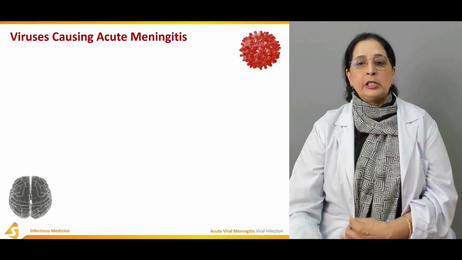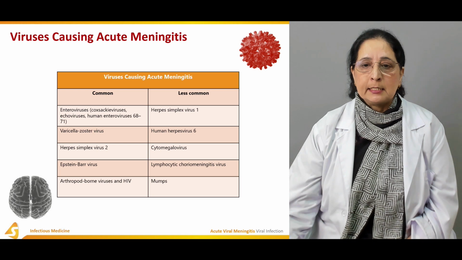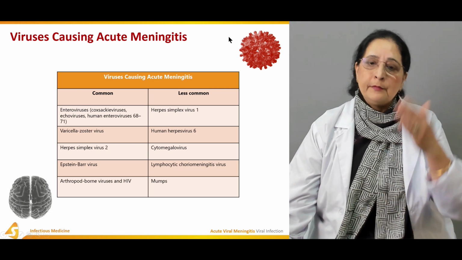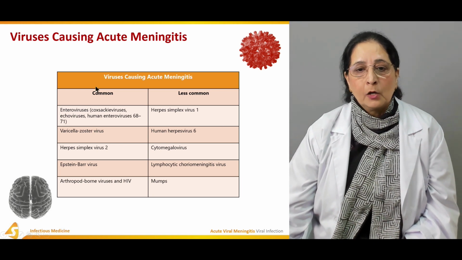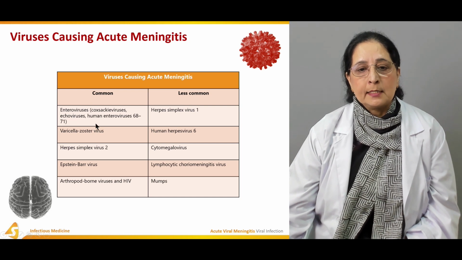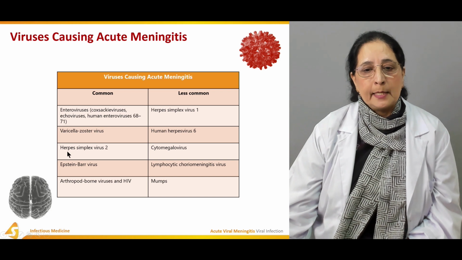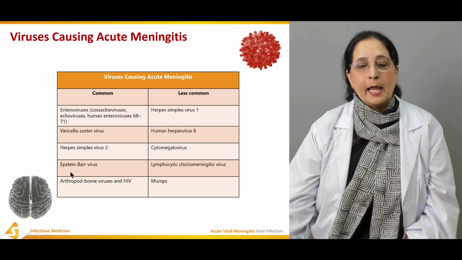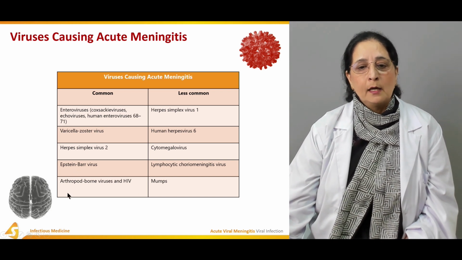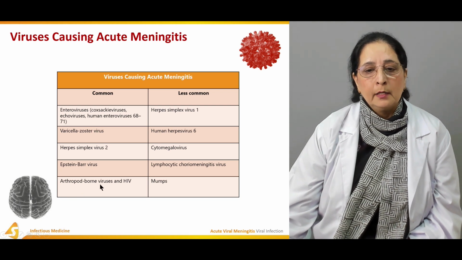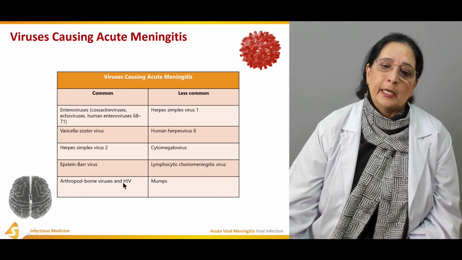Viruses causing acute meningitis, common and less common, a very good chart. Common: enteroviruses, varicella-zoster virus, herpes simplex type 2, Epstein-Barr virus, arthropod-borne viruses, and HIV.